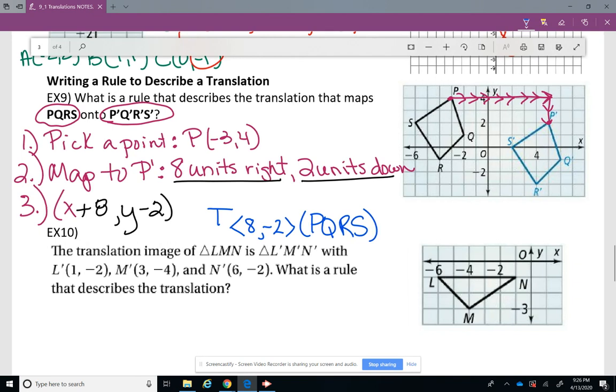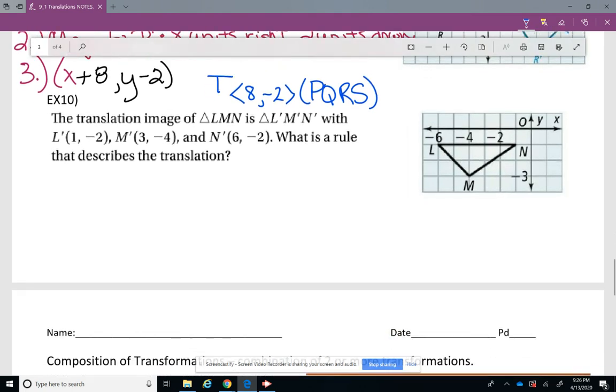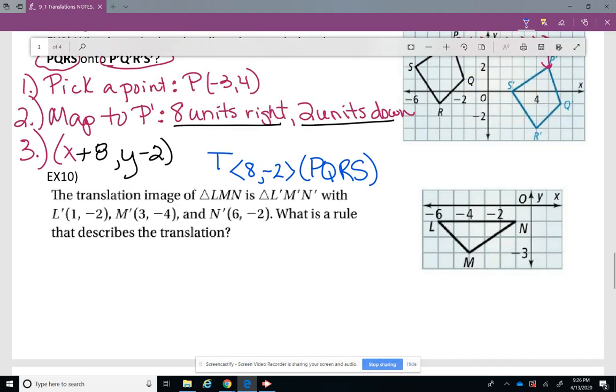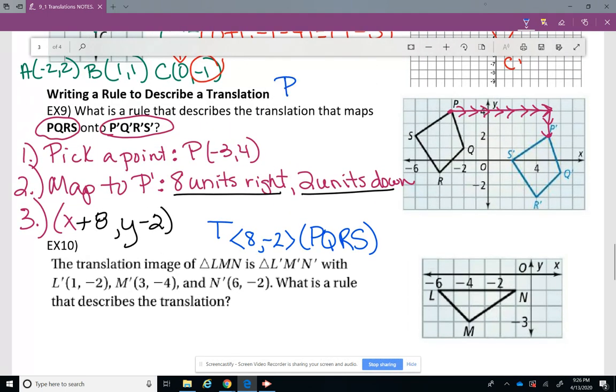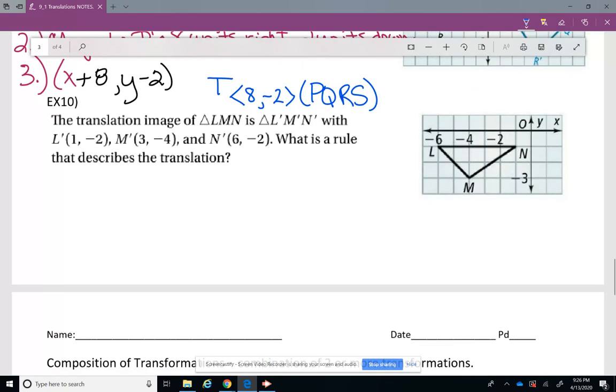All right, this next example in your textbook, both of these are on, let me put this up here, page 548. This example number 10 is your got it problem number 4, just so you know.